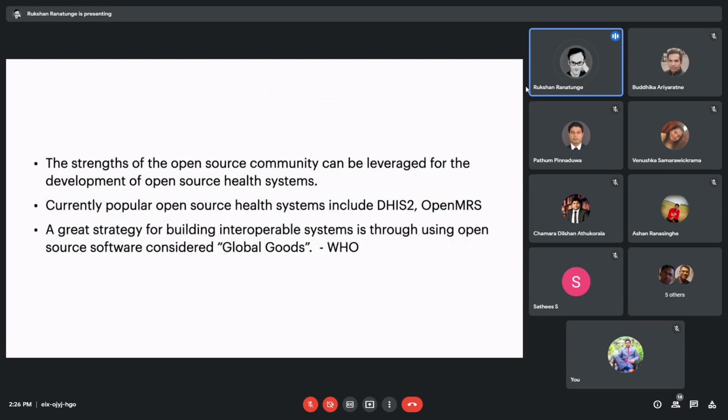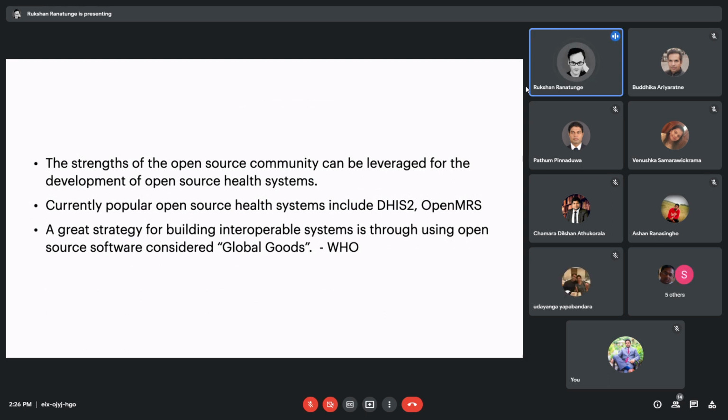So the trends that these big open source systems are using can be used to develop open source health information systems. If you look at today, there are several open source health information systems available.